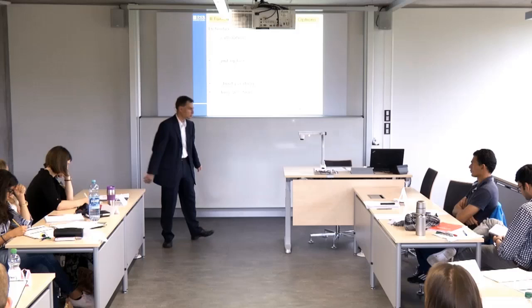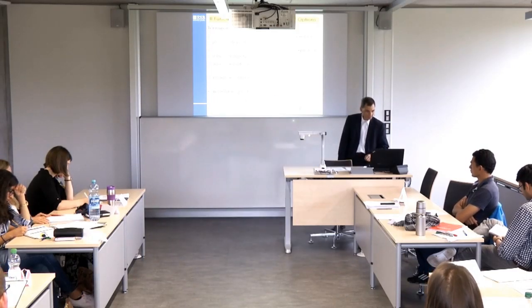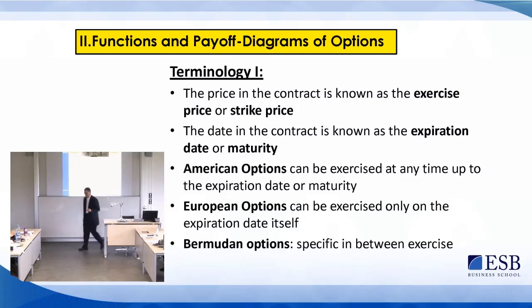And I can do the same for a put option. So basically we have now 4 possibilities. I'm long in a call or short in a call, I'm long in a put or short in a put. And that is what I will do next, and I will introduce this by so-called payoff functions to get a better insight. Before we do this, I need further terminology. That's my second slide.